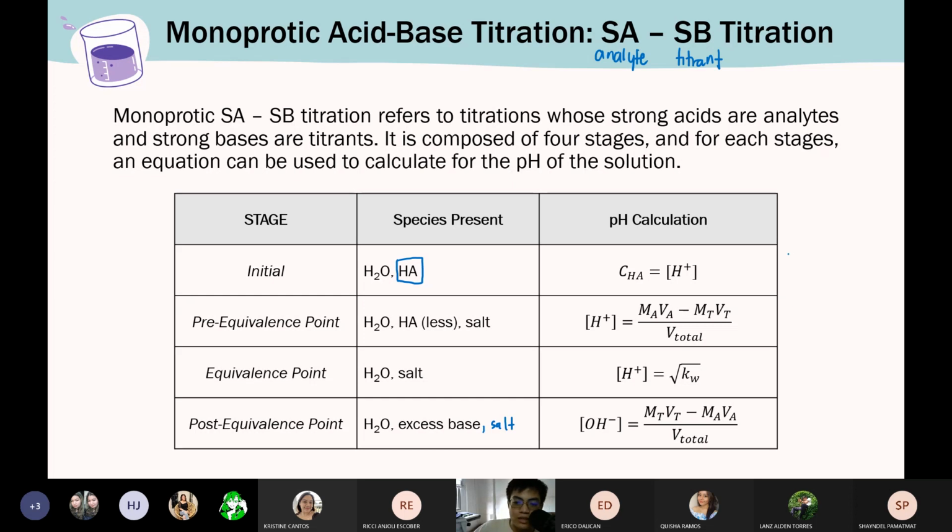Sasabihin naman yung concentration ng acid. So, whatever the concentration of your acid is, yun yung amount ng H+. Kunwari, 0.5 molar HCl. So, ibig sabihin yung H+, 0.5 molar na rin. That's simple lang. Okay?